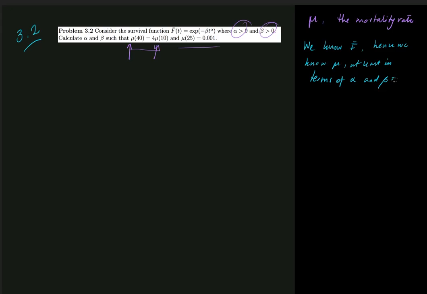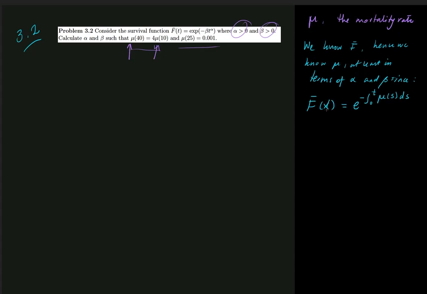Since both in chapter 2 and 3, we know that the survival function can be expressed using the intensity function as e to the minus integral from 0 to t of mu of s ds.